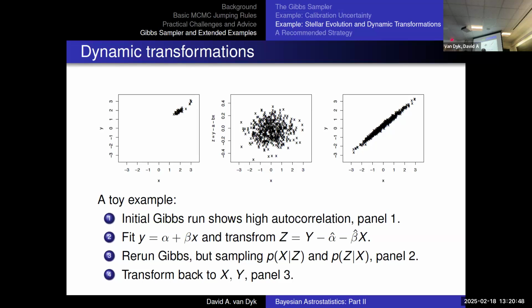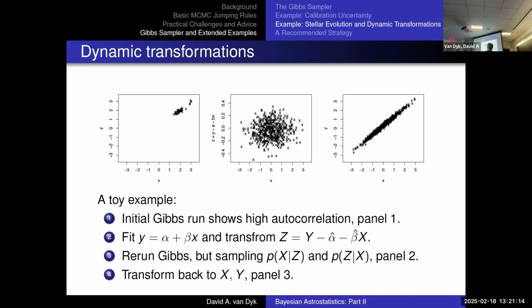So I do a regression, and based on that regression, I decide to replace y with z, which is y minus a minus bx. Maybe alpha and beta is a good choice for the regression coefficients. That's nothing to do with the alpha and beta from that other problem, right?